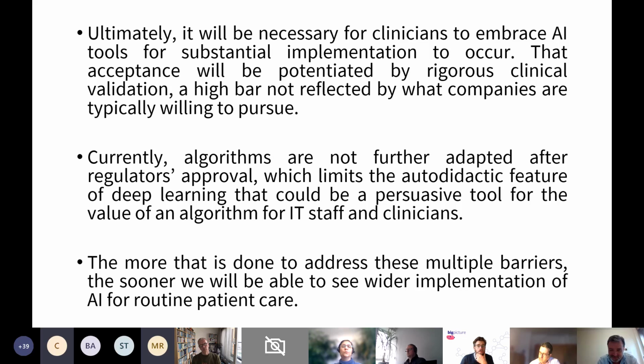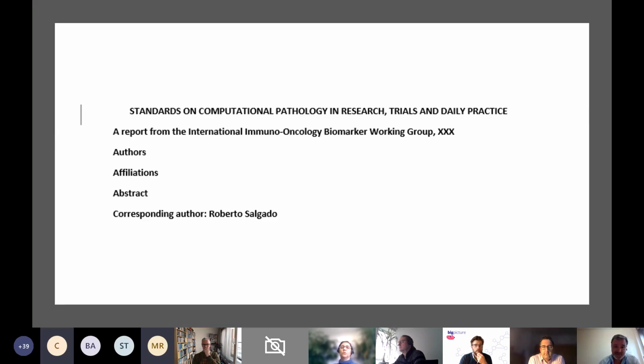So the more that is done, and that's the conclusion of this article, and I'm also almost nearly done with my presentation, the more that is done to address all these barriers, the more and the sooner we will see implementation of these tools in routine patient care, using clinical trials that have affected daily practice, using platforms like the Grand Challenge, and combining all of this with regulatory efforts like breakthrough listening at the FDA. And only this combined narrative, I believe, will lead to a quantum jump in AI implementation in daily practice.